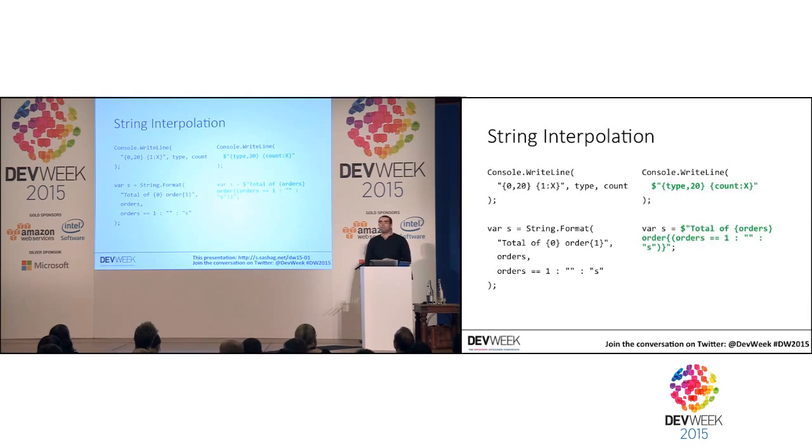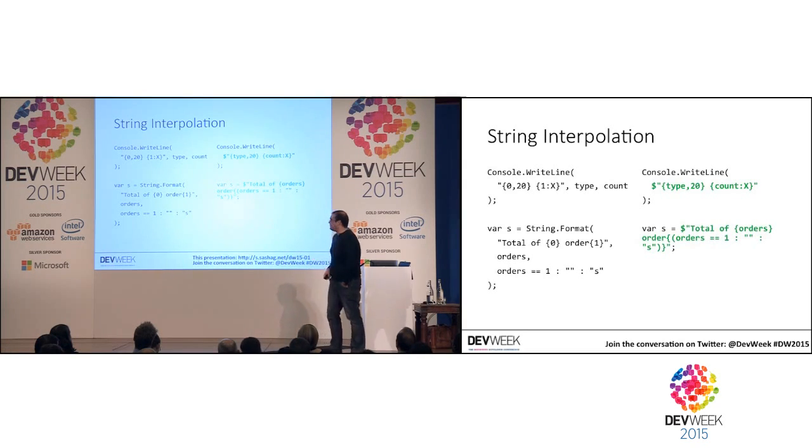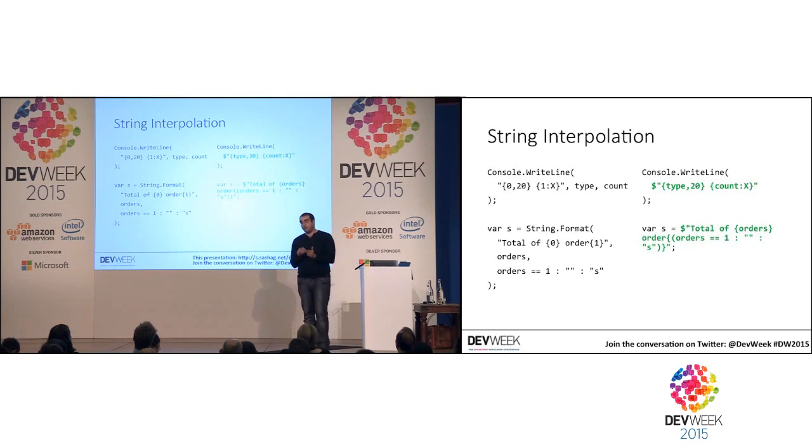So what if you refactor? If we rename the orders variable, will it automatically rename the thing within the string? Oh, rename. Well, presently the compiler looks into the string. It recognizes the fact that the curly braces open holes for expressions.